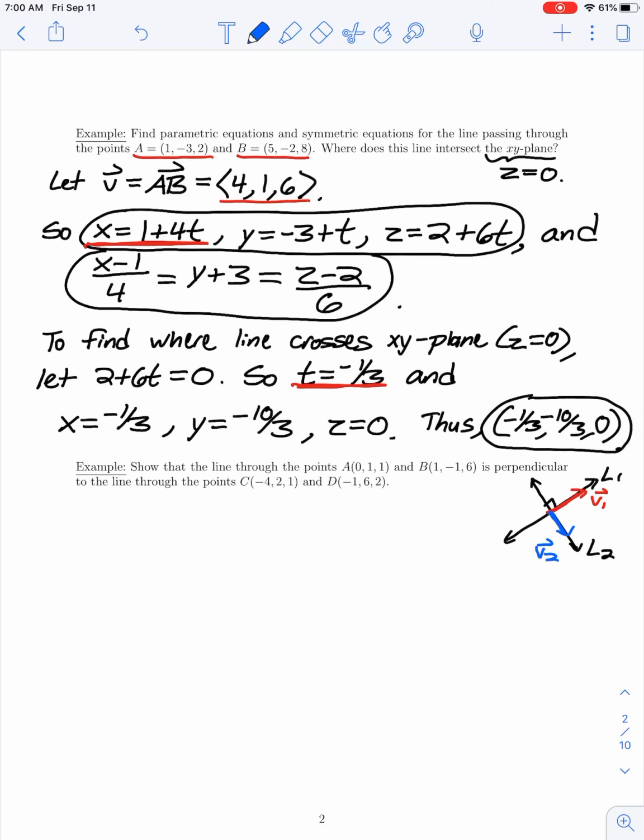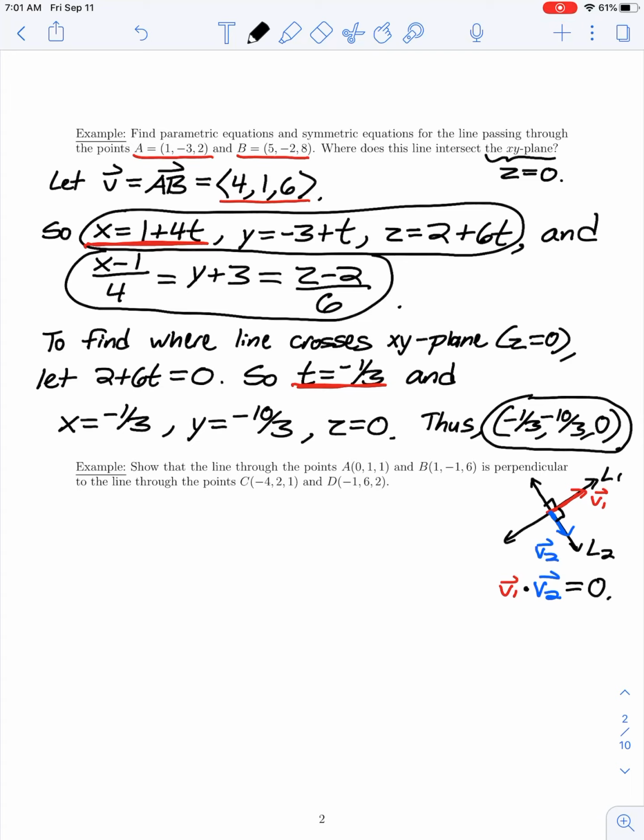If these lines are perpendicular to one another, that means that their direction vectors must be perpendicular or orthogonal. Now, the only way that two vectors are orthogonal is if their dot product, V1 dot V2, is equal to 0.